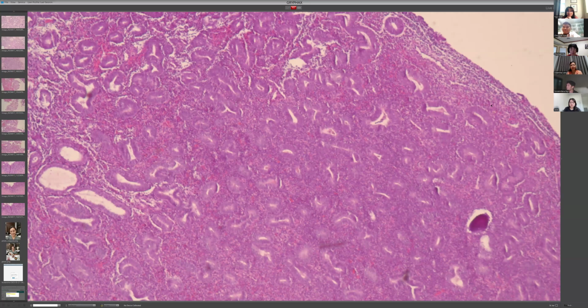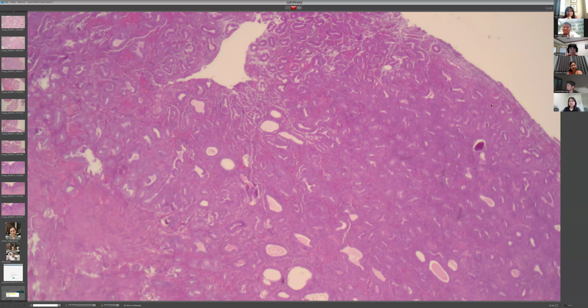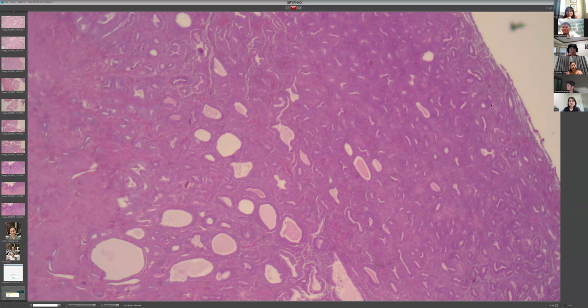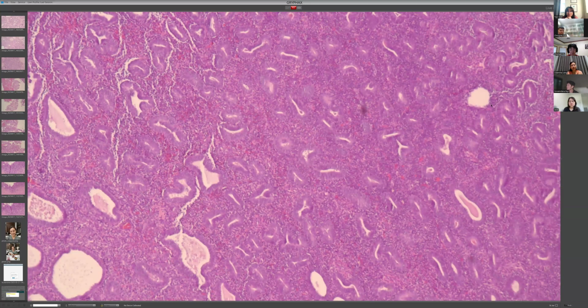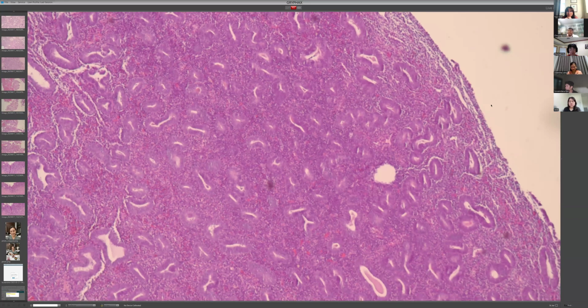We are always assessing the ratio between the stroma and glands, and this is something called endometrial hyperplasia. Then you can try to assess if there's any atypia in cytology or complexity in architecture, but that's more to come next time, when we talk about malignancies and precursor lesions. I just wanted to show you some slides I had prepared.